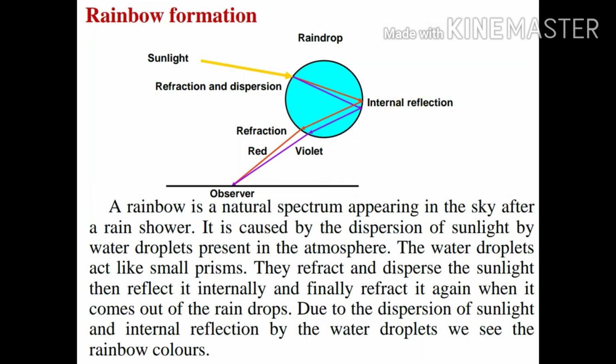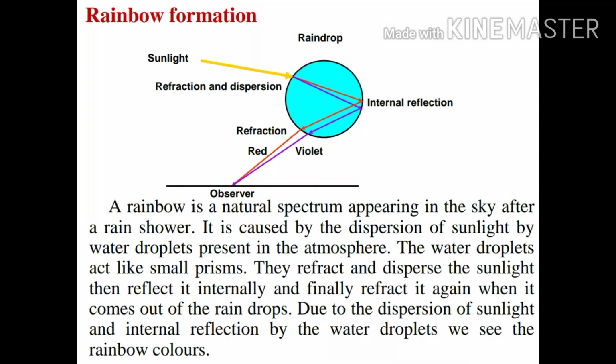Some rays of light can go directly, which will not be a part of rainbow formation, but some light which falls on the denser-rarer interface gets internally reflected. Now internally reflected means total internal reflection takes place here.